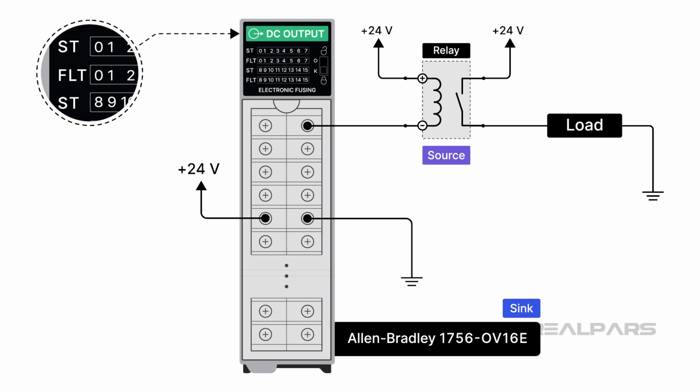Understanding sinking and sourcing is crucial for successful PLC troubleshooting. Status LEDs are an excellent resource for troubleshooters, but understanding what they indicate is essential. Familiarizing yourself with the characteristics of normal and faulted conditions will help you avoid misinterpreting LED conditions and voltage readings.